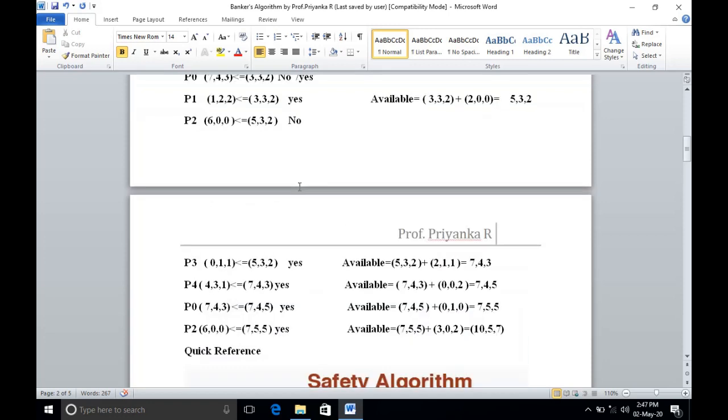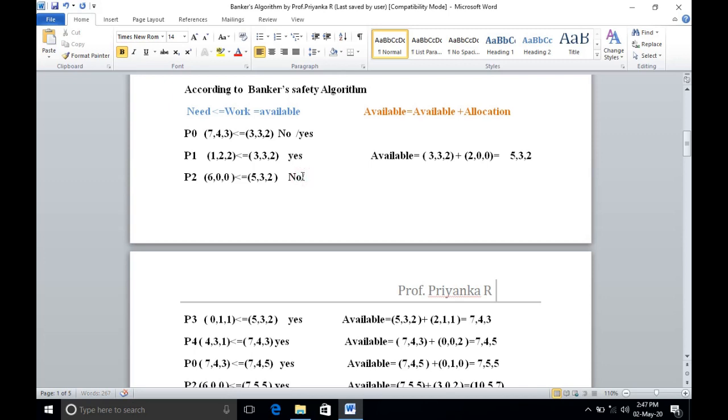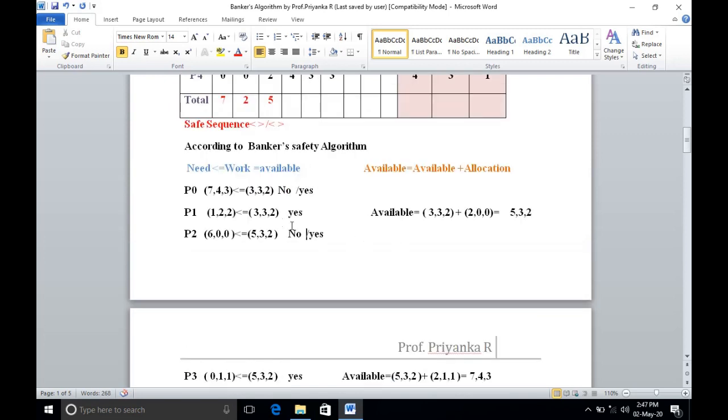So when we went back, we also satisfied the request of P2, and I'm marking it as S. Because all the requests have been satisfied, we have to find the safe sequence and write it down. The first in the safe sequence is P1, which we satisfied.